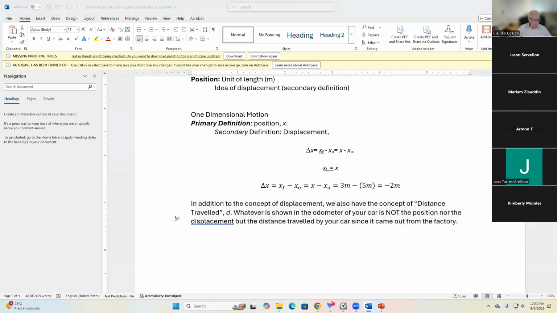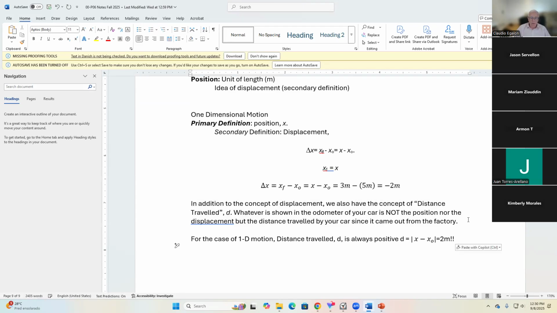Distance traveled in this case for 1D motion is given by the following formula.